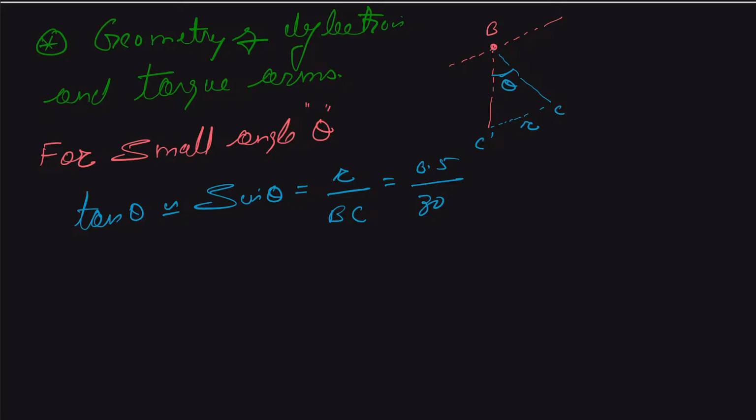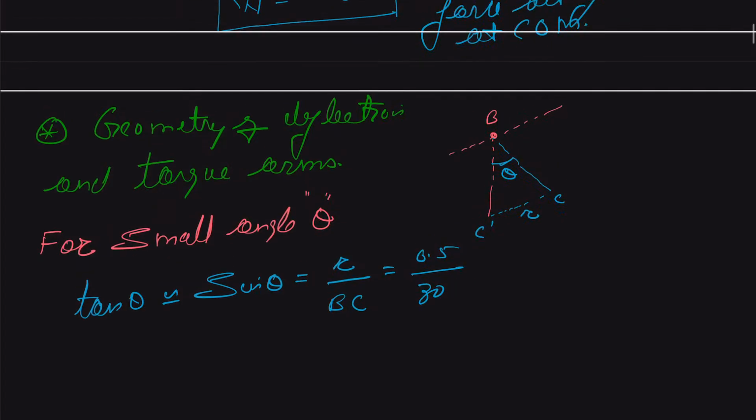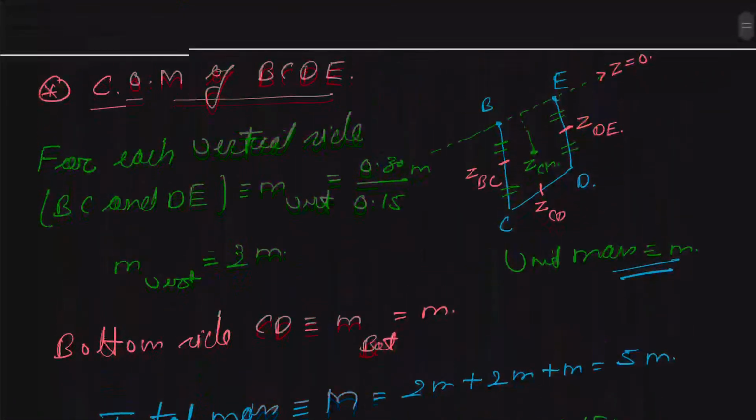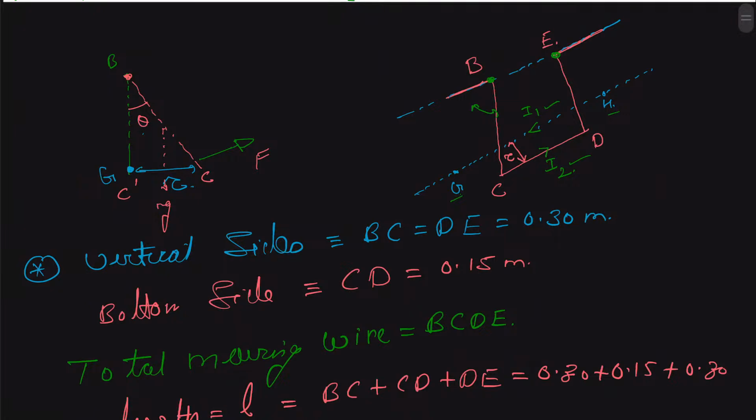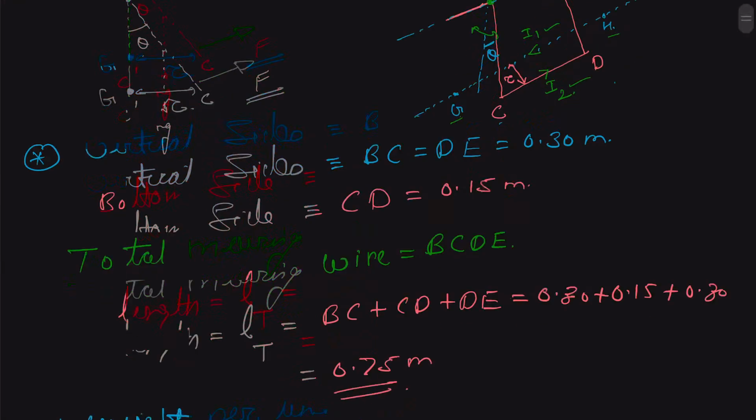And because of this, obviously there will be a force of repulsion like we said here. So there is a force of repulsion between the wire GH as well as CD. Because of this force of repulsion, this is nothing but angle of theta.